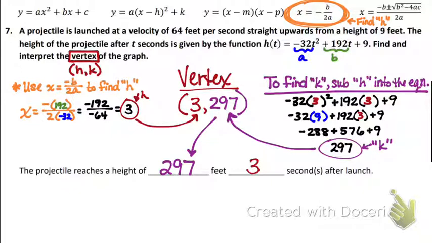So my height is my y value, my time is my x value. And if you look up at that original equation they gave me, it has t squared and t. We're putting that in for the time. So our input variable, our x variable, is time. So here was our time and our height.